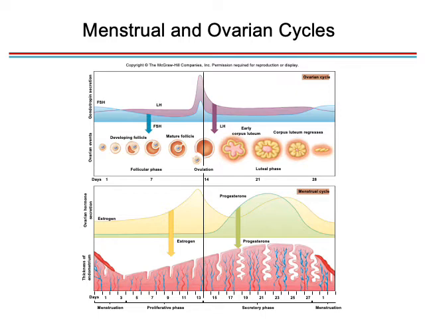The corpus luteum immediately starts producing progesterone and eventually, a day or two later, estrogen. The estrogen and progesterone have two basic functions: prepare the endometrium for attachment and block production of LH and FSH.